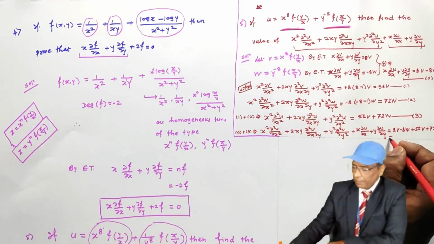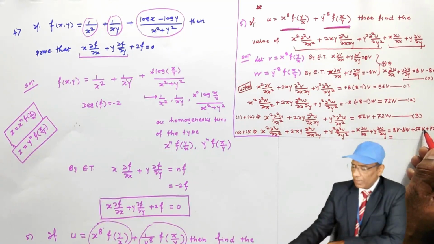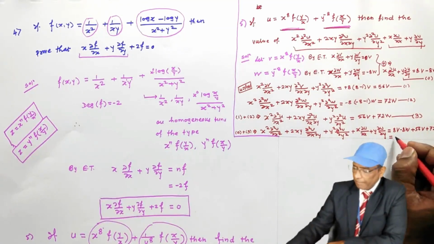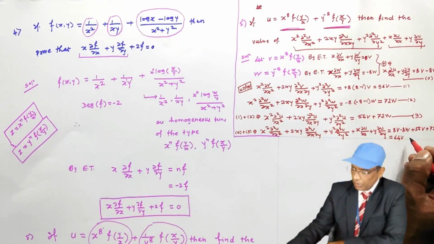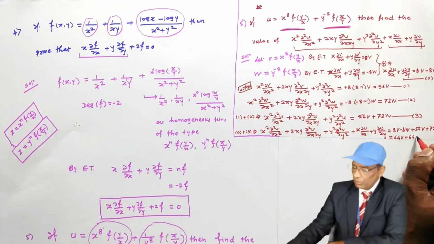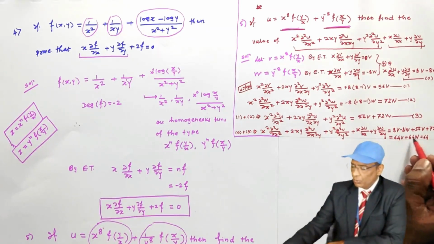Left hand side is same. 56 plus 8 is 64v. And 72 minus 8 is again 64, 64w. And 64 is common and v plus w is u.